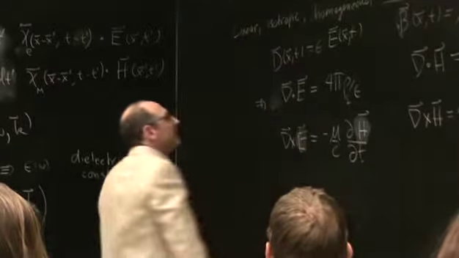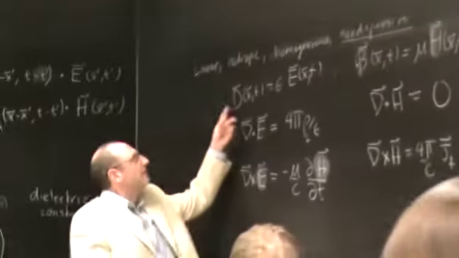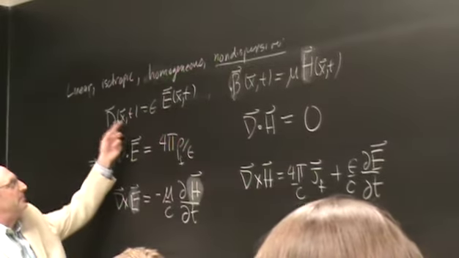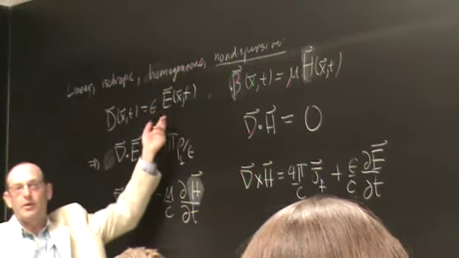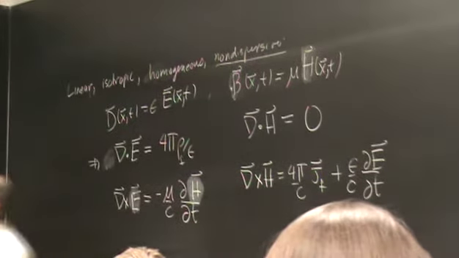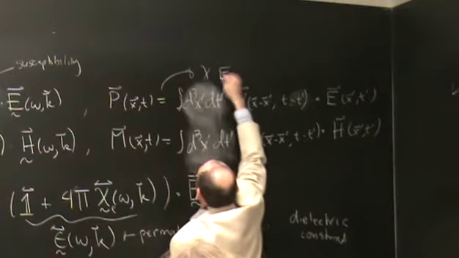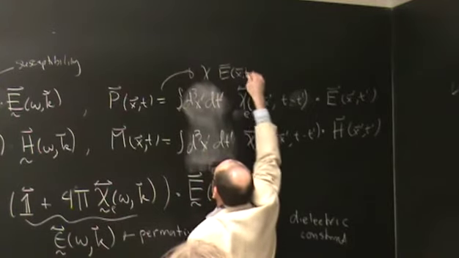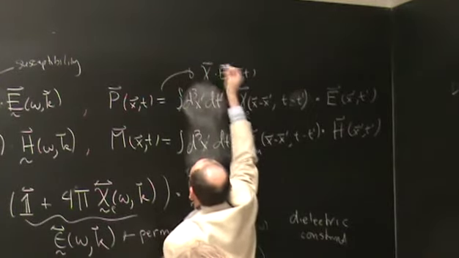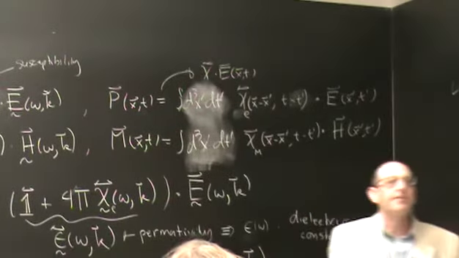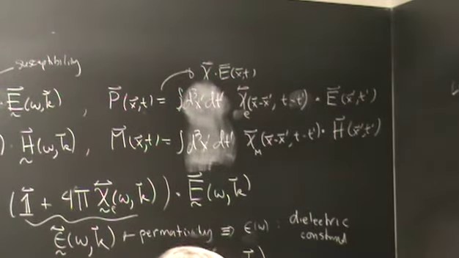So whatever the local B is at some space-time point, it's proportional to what E is at that space-time point. Same thing would be true for P. P would just be equal to, in the non-dispersive case, chi times E. Perhaps it's a tensor, perhaps it's not. It doesn't matter. That's a non-dispersive, isotropic, amorphous response.